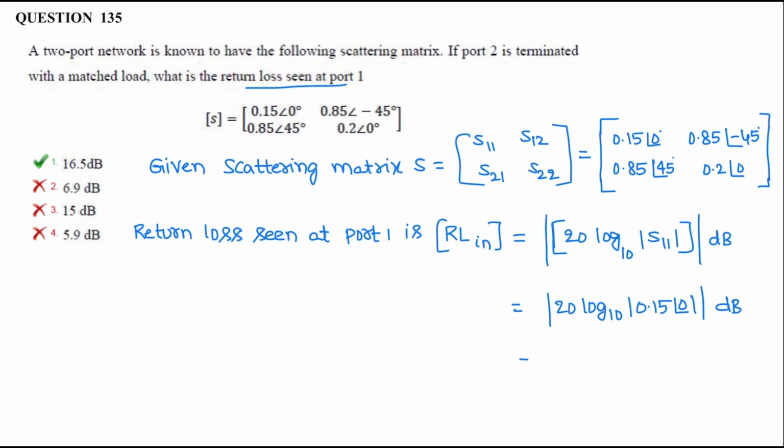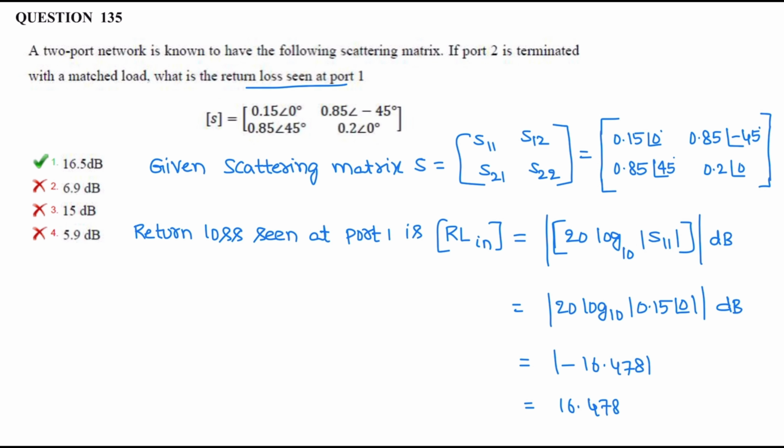And its value is minus 16.478, that is minus modulus of minus 16.478 dB, that is 16.478 dB. Correct answer is option 1.